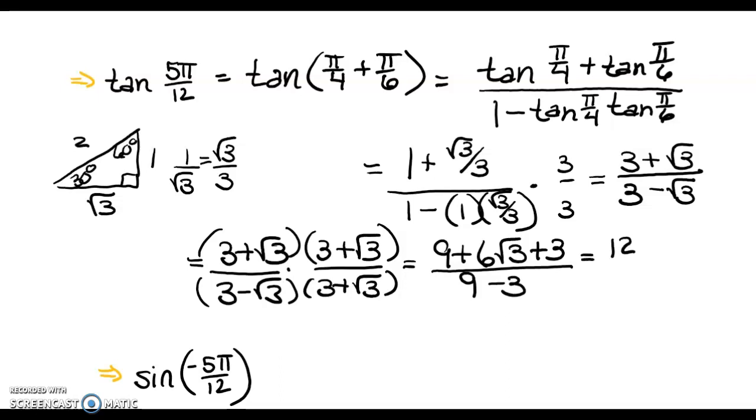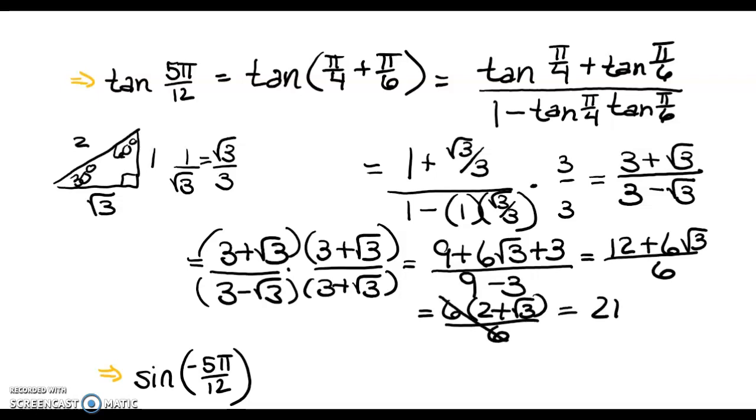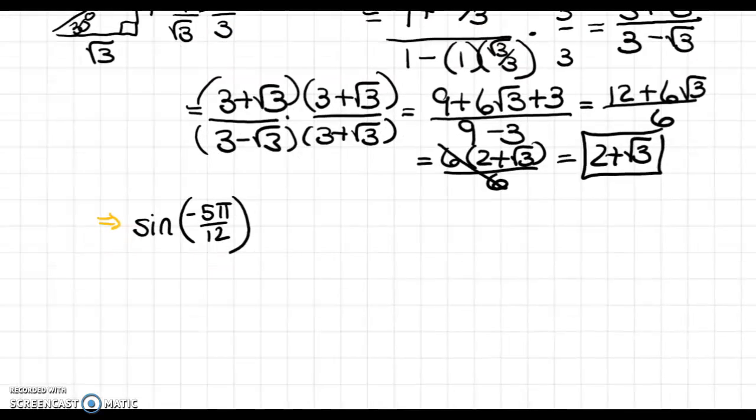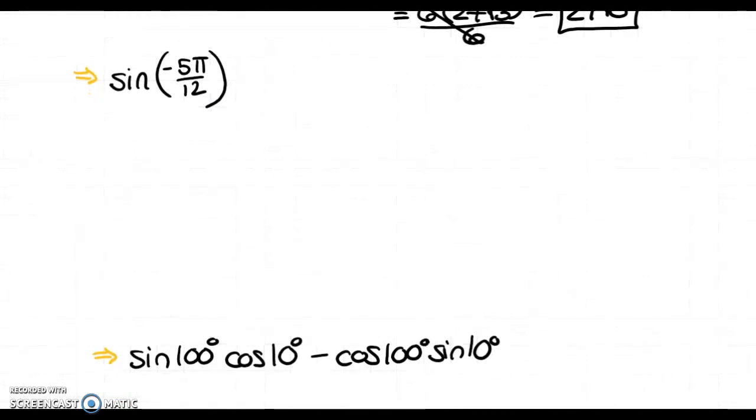So when we combine like terms, we can factor a 6 out of the numerator. And then our 6's are going to reduce out, and our final answer is going to be 2 plus radical 3. All right, I probably have time for one more problem, and then I'm going to create another video for the rest.